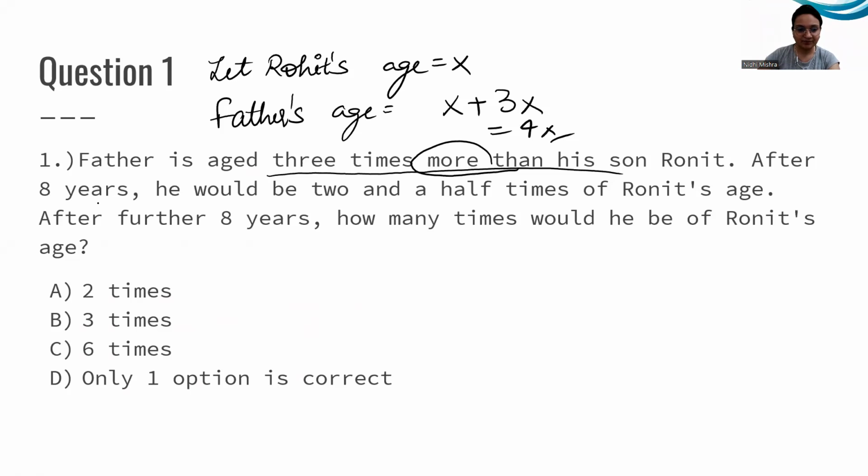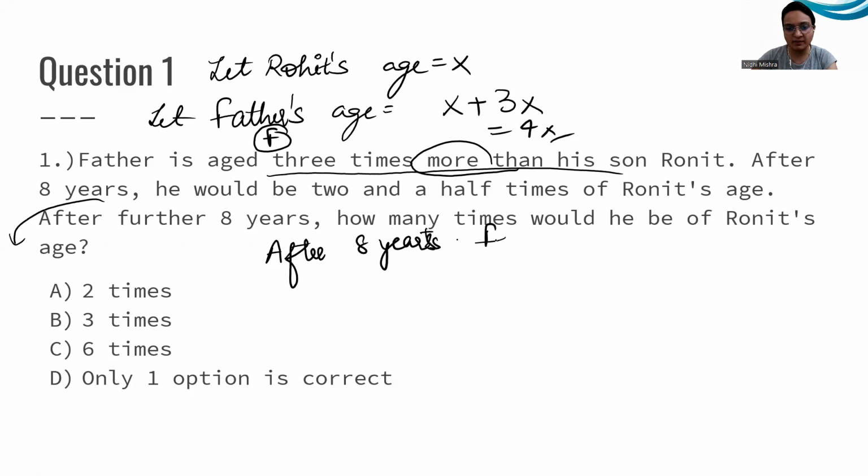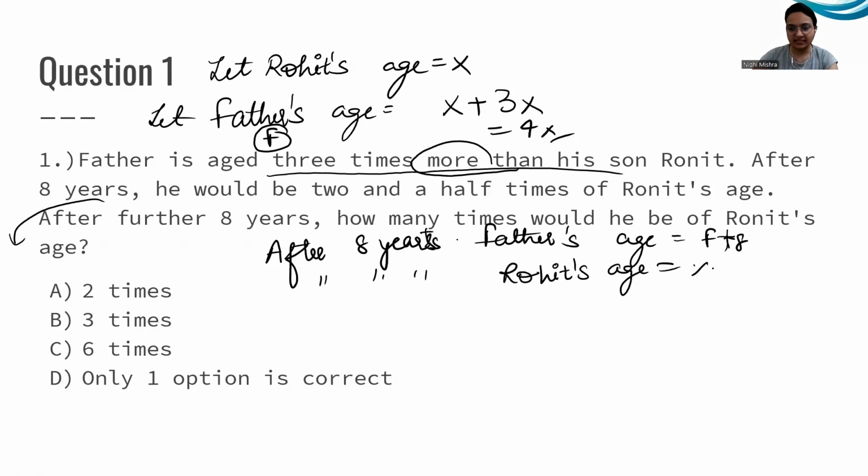After 8 years, let father's age be F and Rohit's age be x. After 8 years, father's age will be F plus 8, and Rohit's age will be x plus 8.